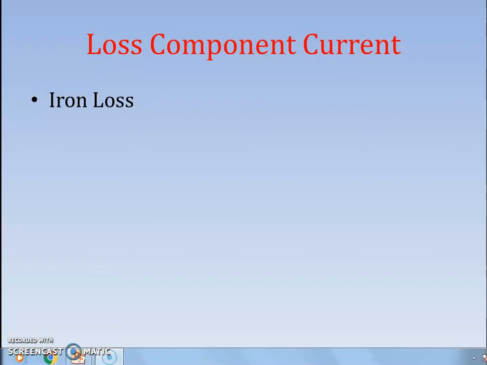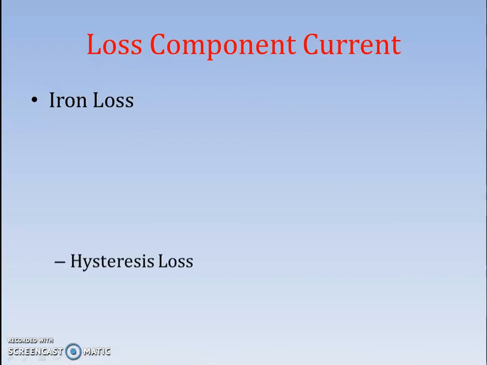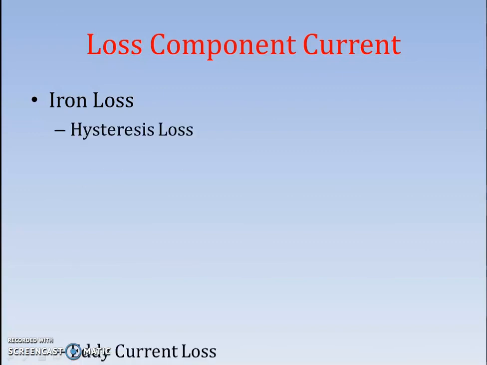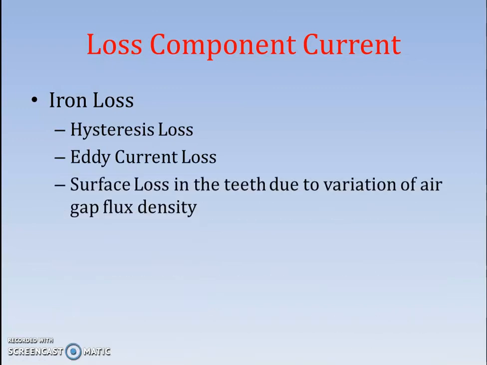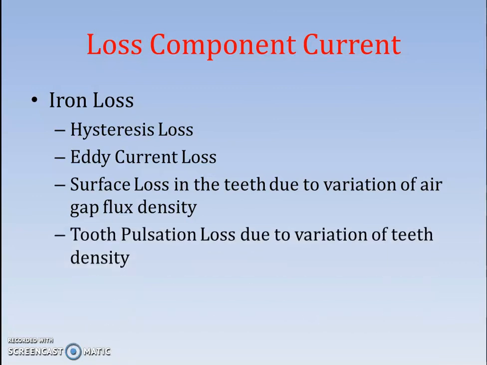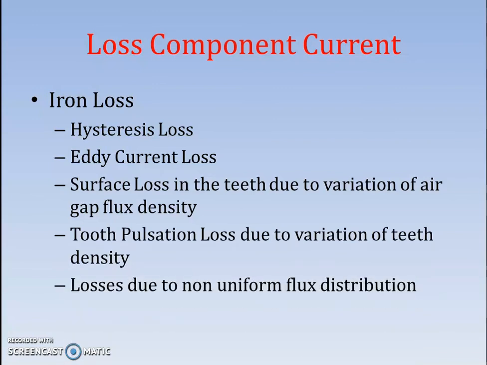In the case of iron losses, we have hysteresis loss, eddy current loss, surface loss in the teeth due to variation of air gap flux density, tooth pulsation loss due to variation of teeth density, and losses due to non-uniform flux distribution.